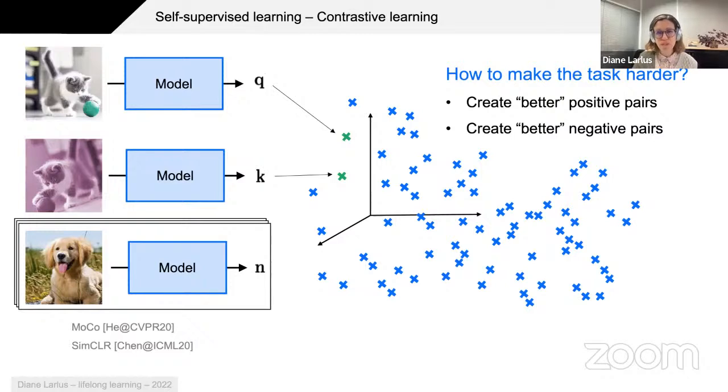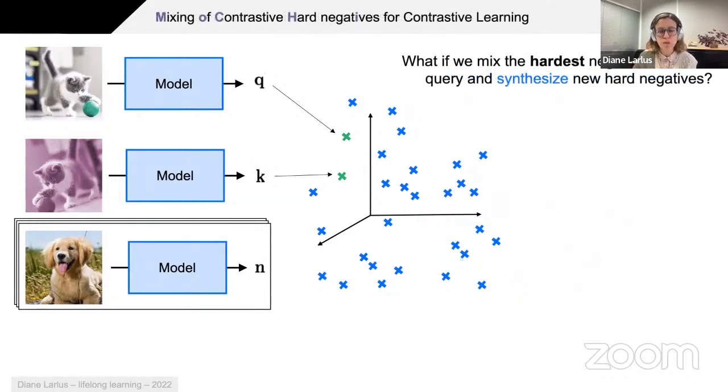But what we observed is that after training a few epochs, so after a few training steps, the vast majority of negatives become easy. So they do not contribute to the training anymore. They do not help improve the model anymore. So how can we still have hard negatives to help with the training? What we propose to do is to rely on the few hard negatives that still exist. And we propose to mix the hardest negatives for each query and synthesize on the fly, directly in the feature space, additional hard negatives.